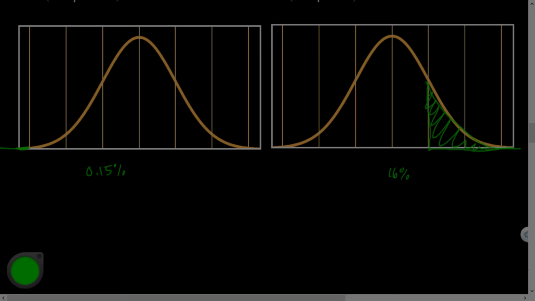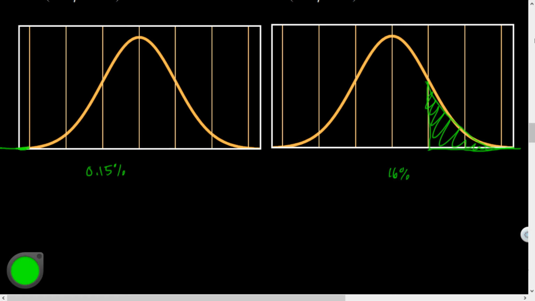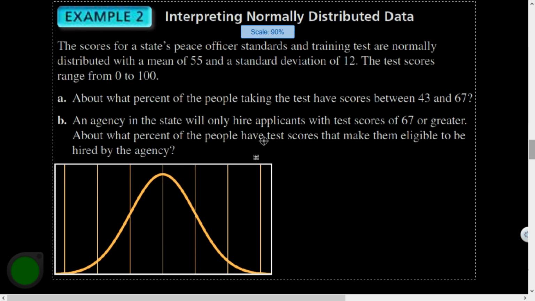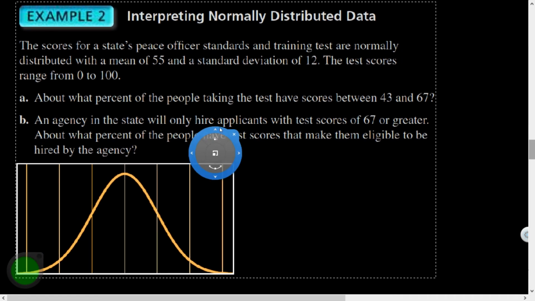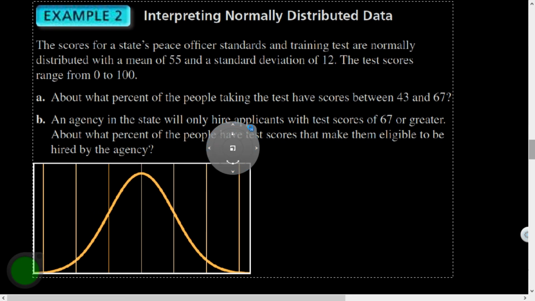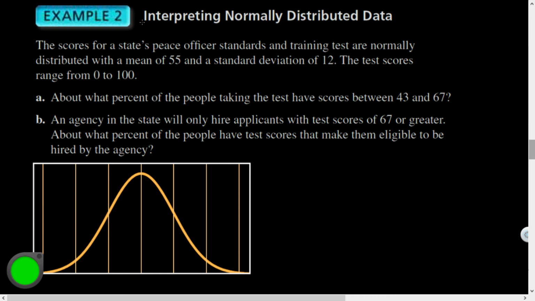All right, last question. This is where it gets a little bit trickier. Example 2. All right, aha, mean 55. So that means my starting value is 55, right?